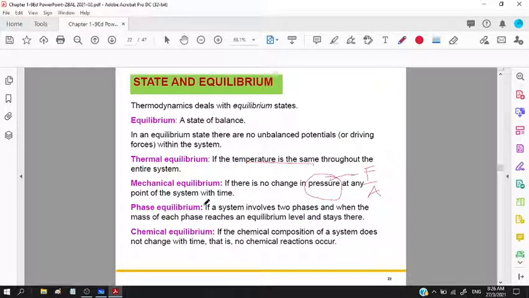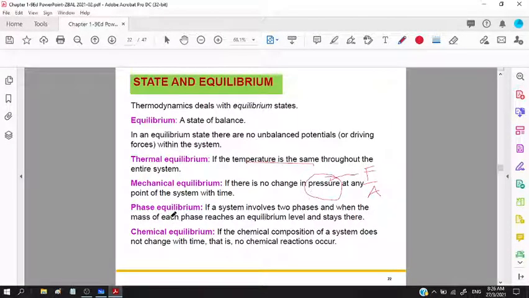For phase equilibrium, we look at the physical appearance of a thermodynamic system. When we say liquid, everything should be liquid. If it's a mixture, it should be a mixture of vapor and liquid. When we say everything is vapor, everything is in vapor form. So it must be in equilibrium. And also we look at chemical equilibrium, which I mentioned just now.